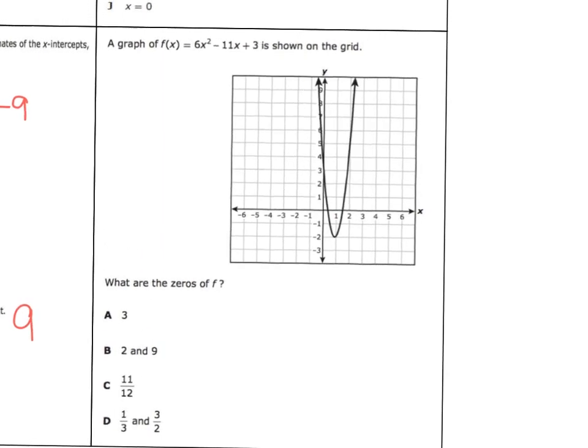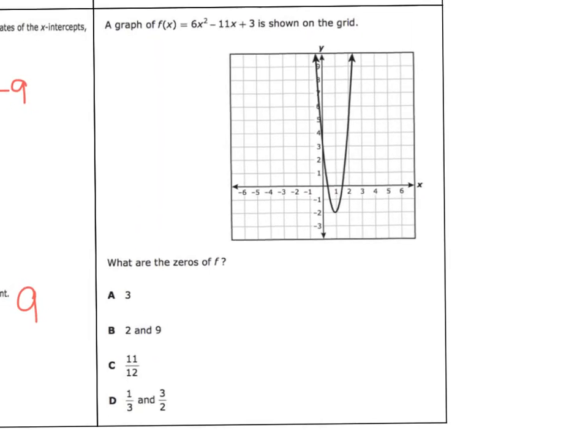Lastly, this graph says, what are the zeros of f? Remember, the zeros are the same thing as the roots, x-intercepts, and solutions, which is where it crosses the x-axis. I can see there are 2 zeros, so A and C are not possible. I can also tell that the first one crosses somewhere between 0 and 1, so this is going to be a number between 0 and 1.